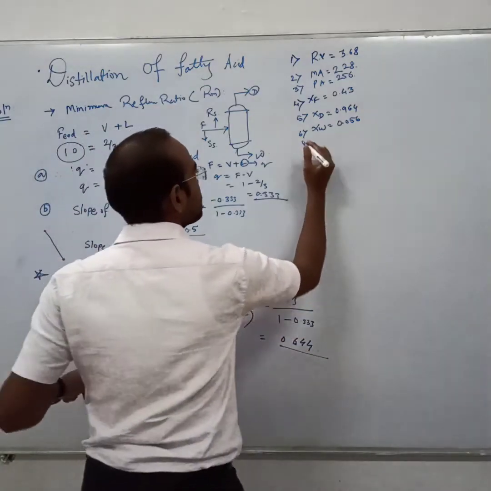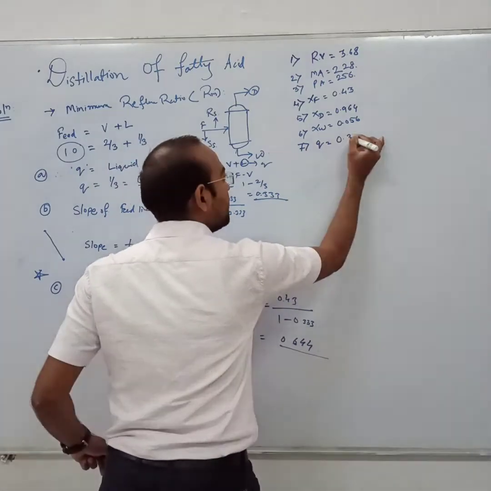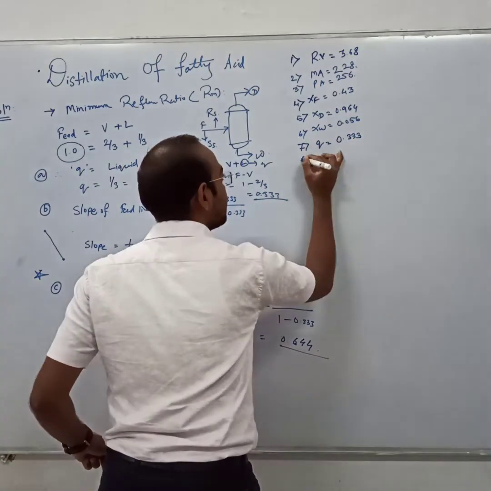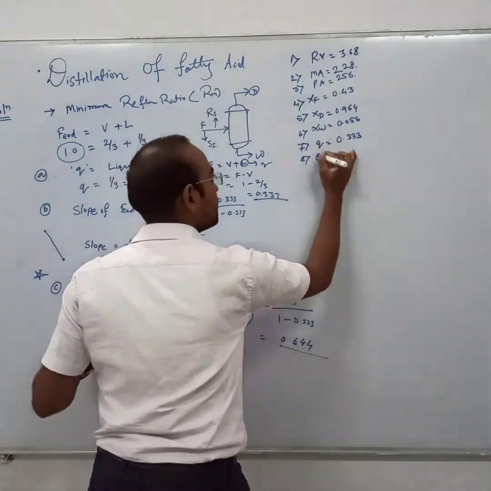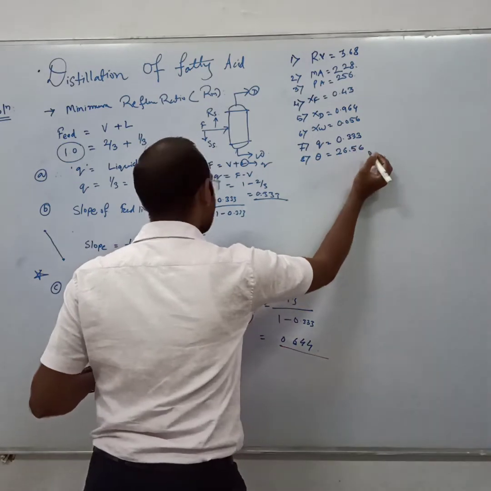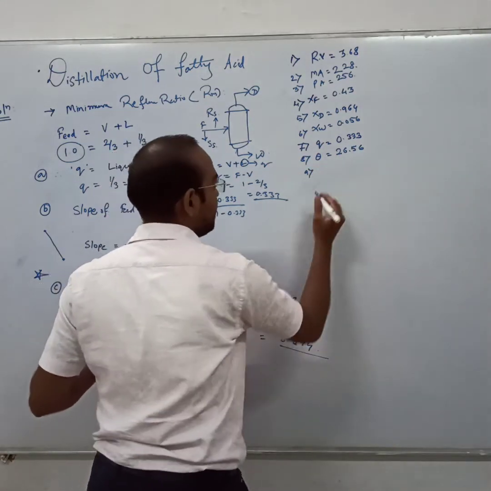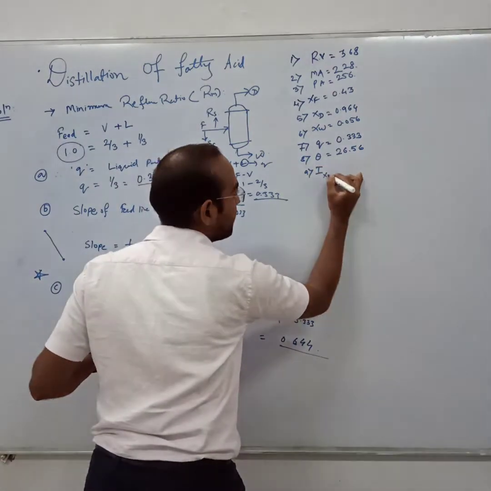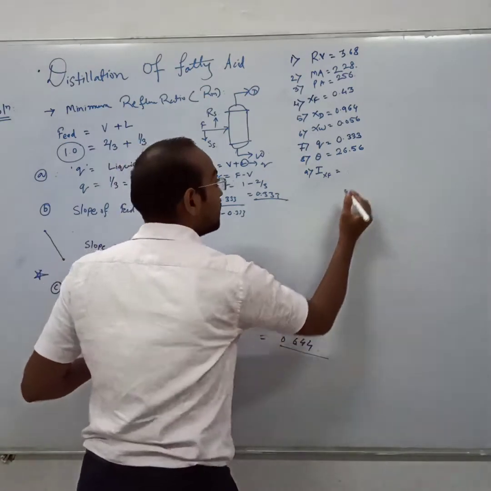Okay. So we are having with us now Q 0.333, slope, actually I write directly the angle 26.56. Okay. Next thing, intercept of feed, I just denote it with capital I XF.